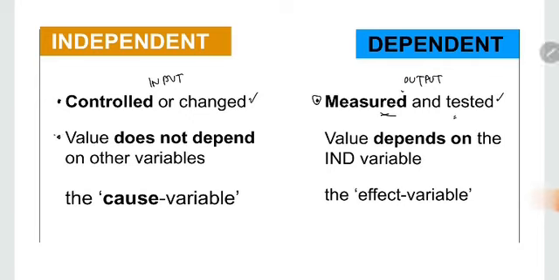So the value does not depend on other variables. So isinet mo kasi ito, ikaw ang nag-set nito. So itong grupo ito 4 times a week, ito 2 times a week. This is your parang own decision. Okay, so hindi siya nakadepende on any variable. But dependent variable depends. Kaya nga siya dependent variable.